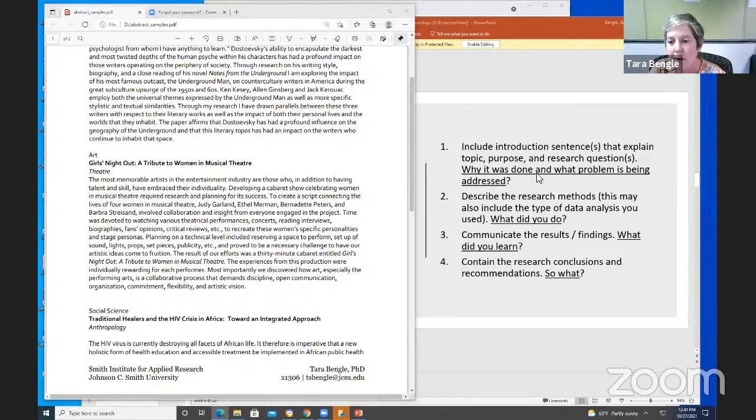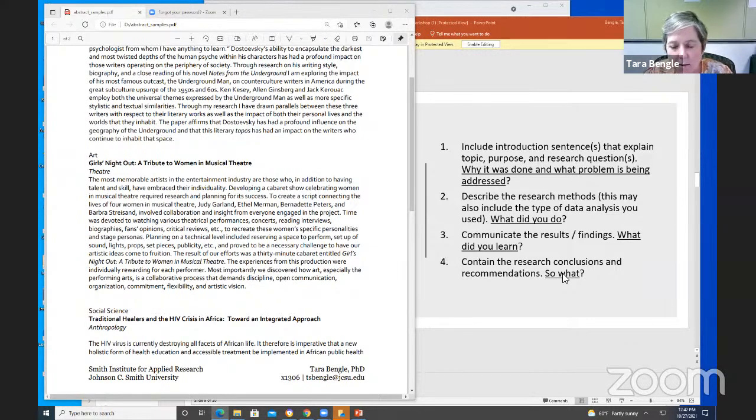They describe the methods, like how you did your research and how you were able to answer the question, and then very briefly state the results, or in other words, what you learned from the research. They conclude with the research conclusions and recommendations, which is the so what. Why is this meaningful? What does this really contribute to the knowledge?